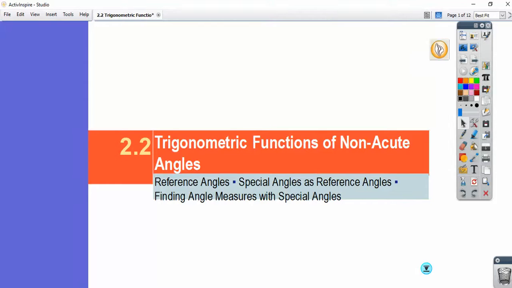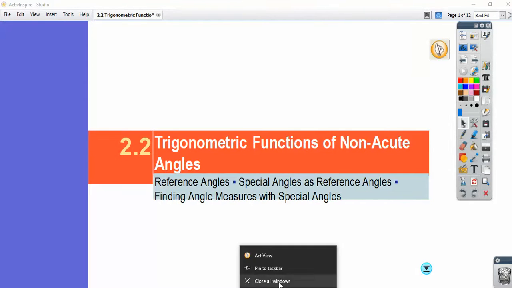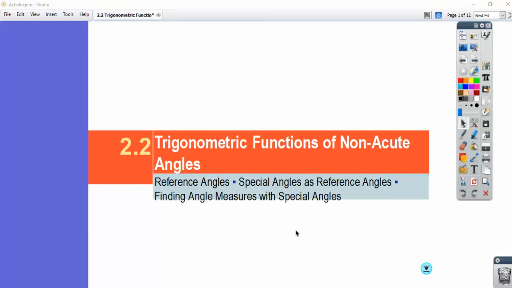I want to go ahead and start the next section. So now we are really good at finding our trig functions for the 0 through 90.